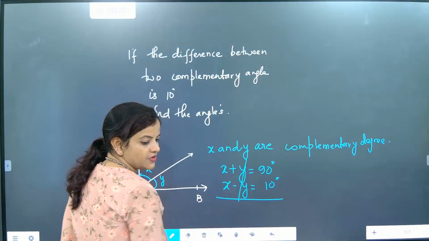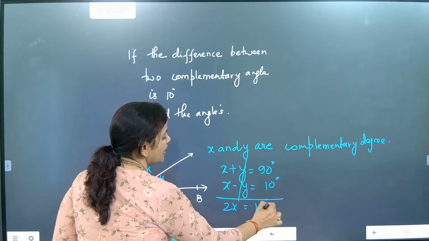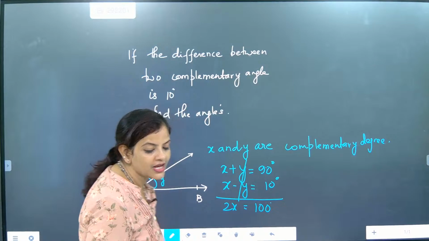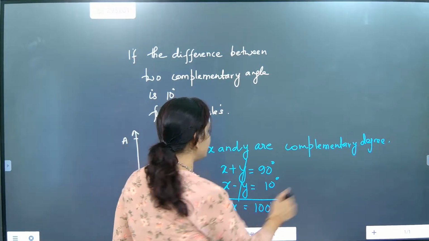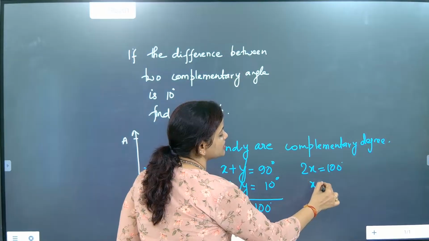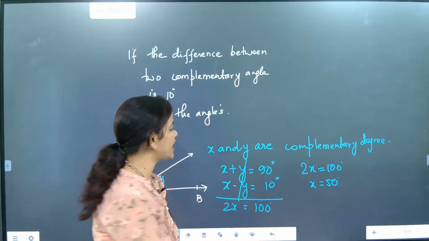So Y minus Y will get cancelled. 2X is coming as how much, beta? 100 degree. Are you understanding? 90 plus 10 will come as how much? 100. So 100 means 2X will be coming as 100. Then what is the value of X? 50 degree. Beta, one angle is 50 degree. What is the other angle?